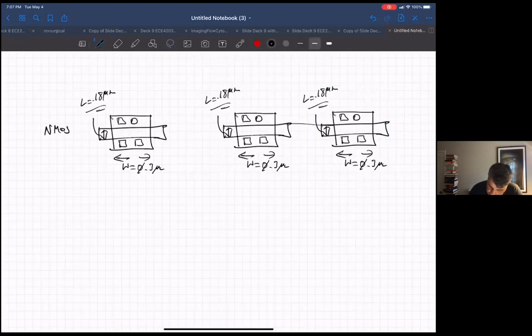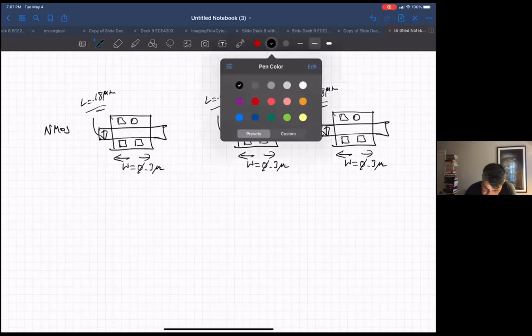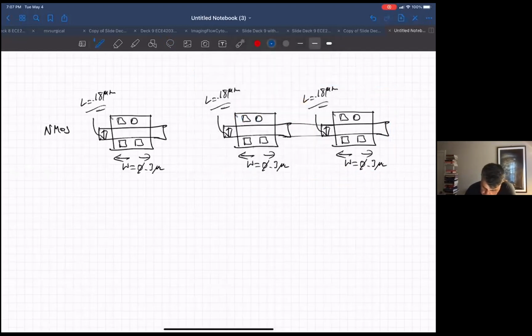So I'm going to connect up the gates, use a metal line to connect the sources, and hook up a line to connect the drains. Something like this. This is all very conceptual.